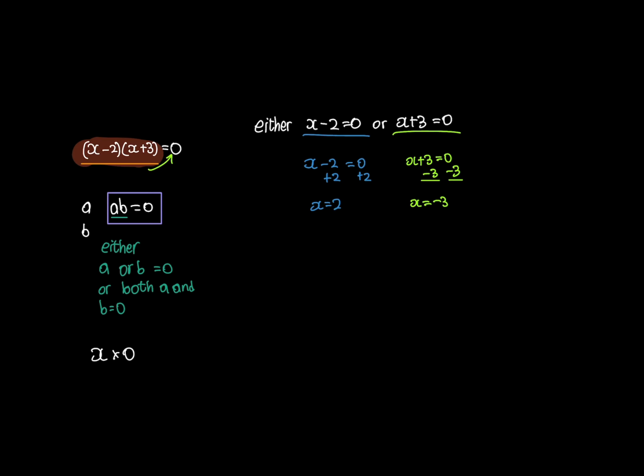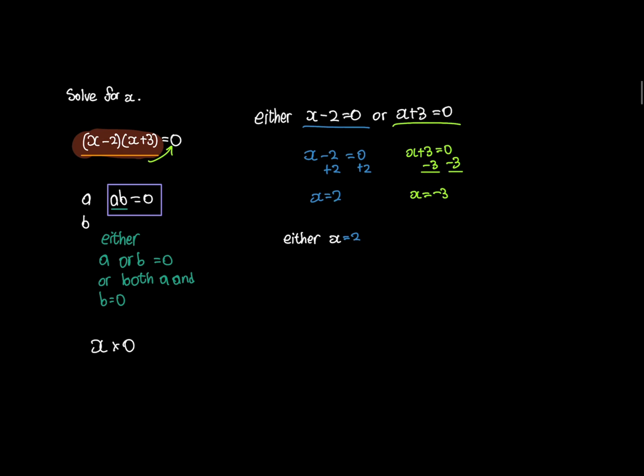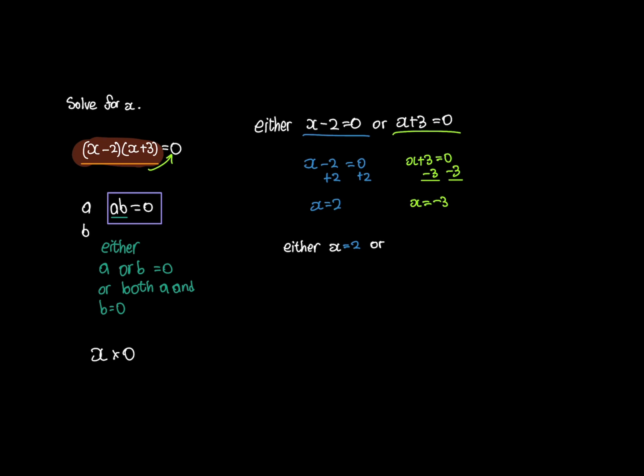If this question was asking solve for x, what would my answer be? Well, my answer would be either x equals 2 or x equals negative 3. And that is what I would put on the exam paper. And that's what you should put as well.